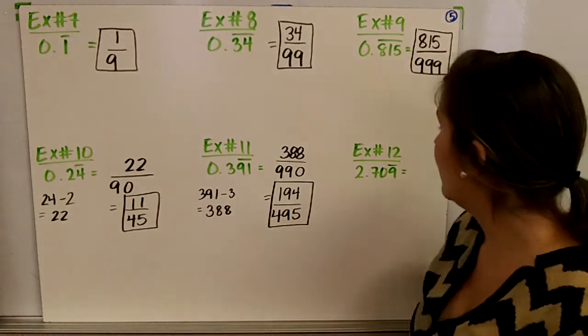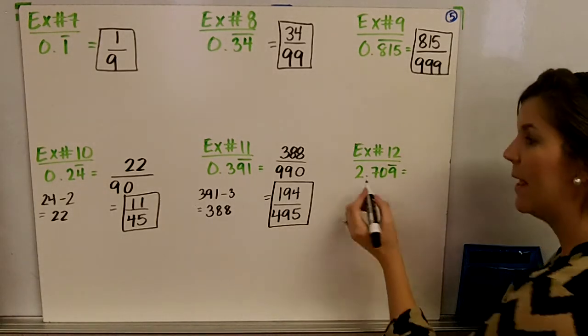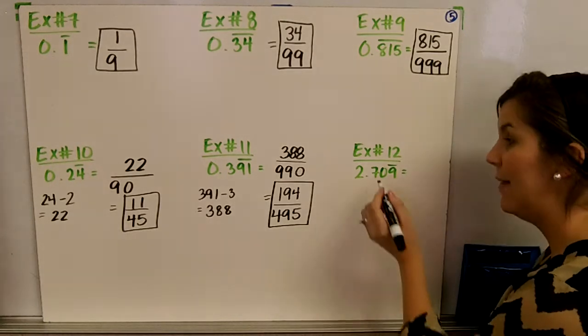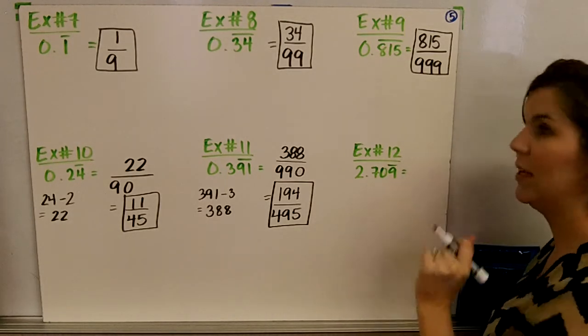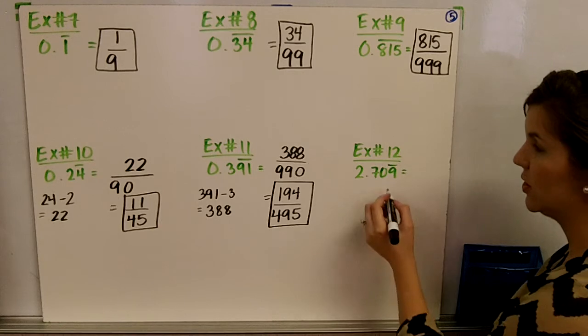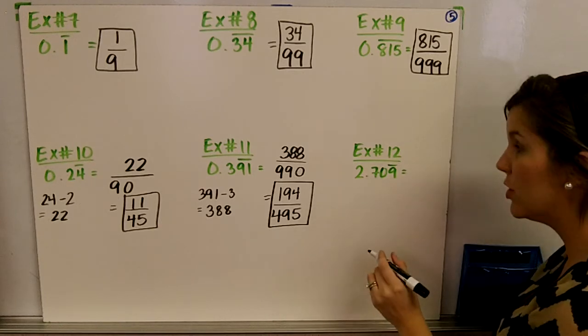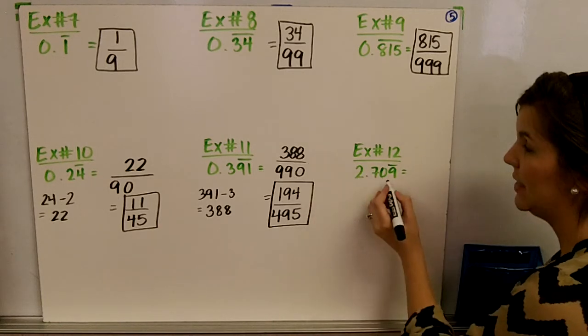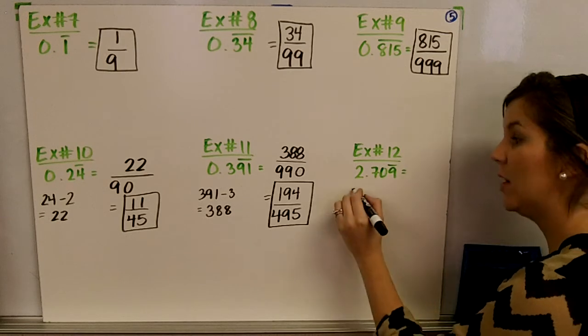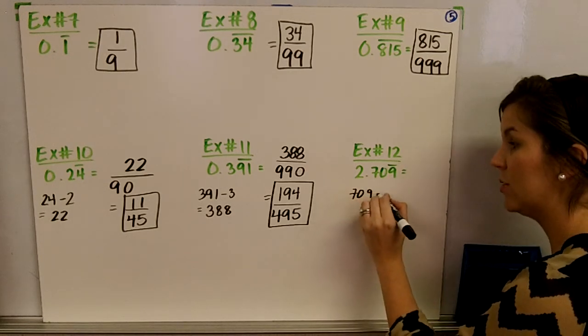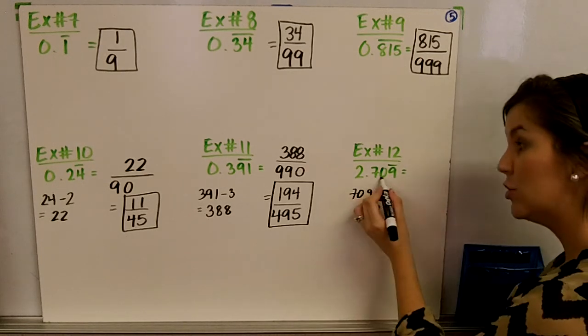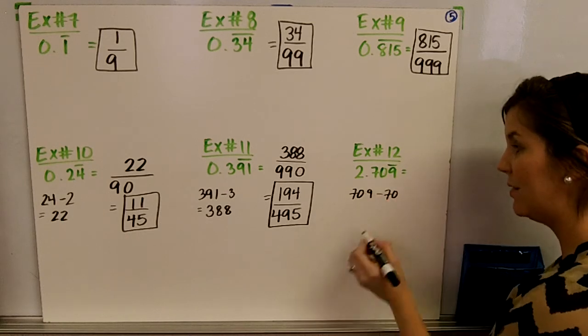All right, example 12 has a whole number part, and then we have non-repeating and repeating decimal parts. So we're just going to ignore the 2 for a moment. We'll deal with that at the end. So 709, and we're going to subtract the part that's not repeating. 2 of these digits are not repeating. The 70 is not repeating.